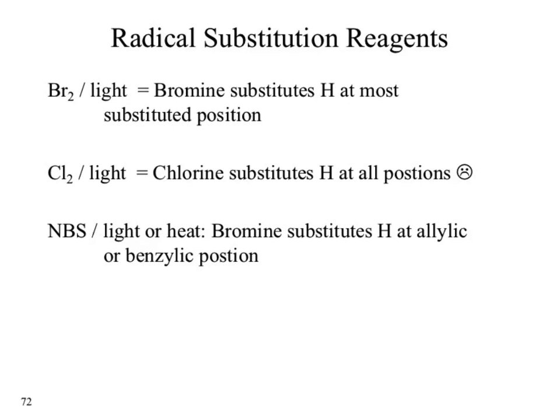The only reason we would use NBS is because we're just trying to avoid the contamination with the addition reaction. If it's just an alkane, we'll just go straight to bromine. There's no need to move into NBS. Kind of makes sense? So really, two reagents. That's it. Br2, NBS. That's what you need to remember. And you need to remember that those do radical substitution.